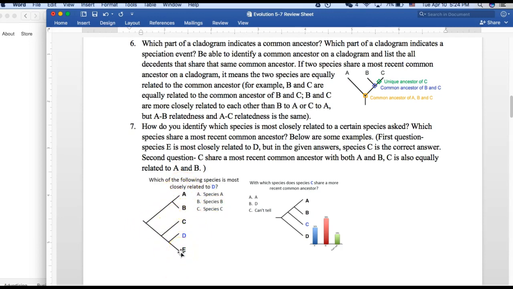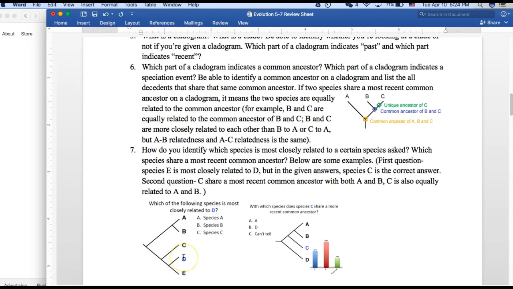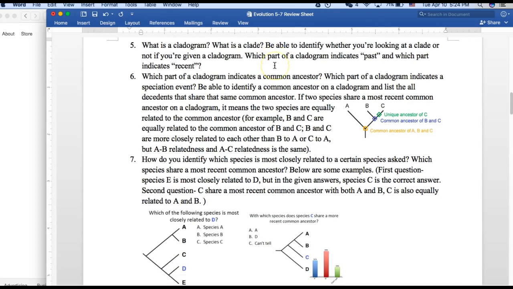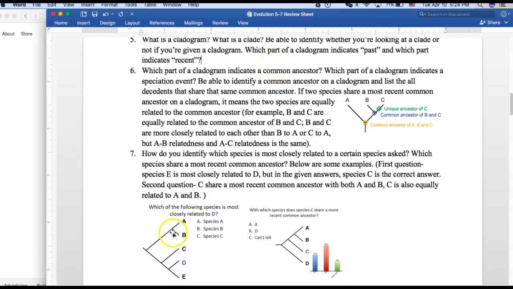Okay. If you were to draw a timeline showing the past to recent, this will be the past, where the root of the tree is. That's the past. And this is recent. Okay. Let's see, I answered all these questions. When you see a cladogram, it's really important for you to draw a timeline.